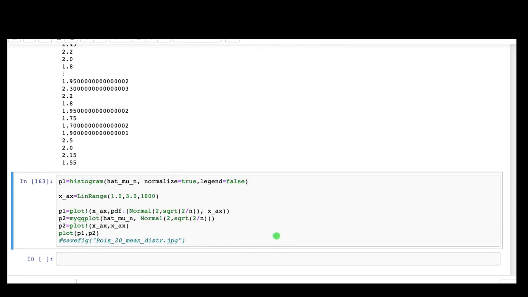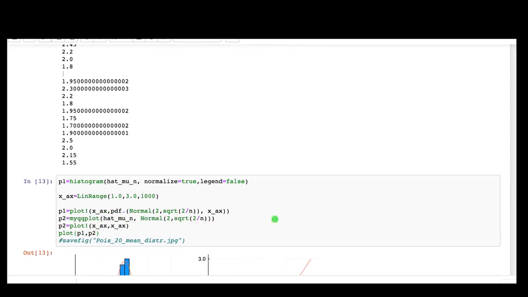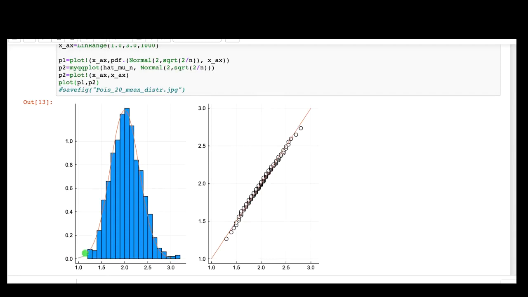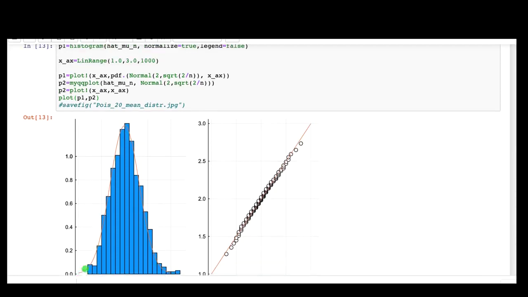If I now plot a histogram and a QQ plot, the histogram looks quite normal. The red curve is the corresponding normal density curve. Remember that the Poisson lambda distribution has a mean of lambda and a variance of lambda also.